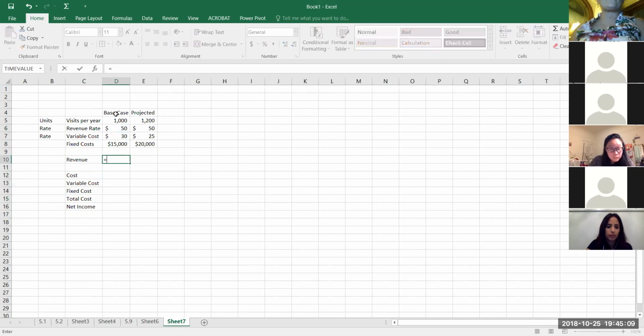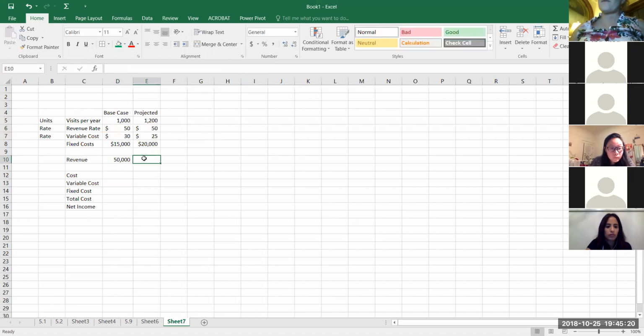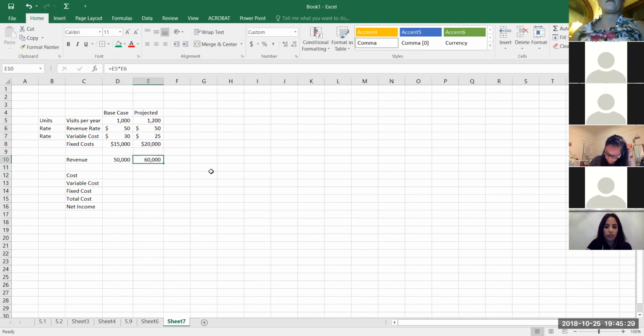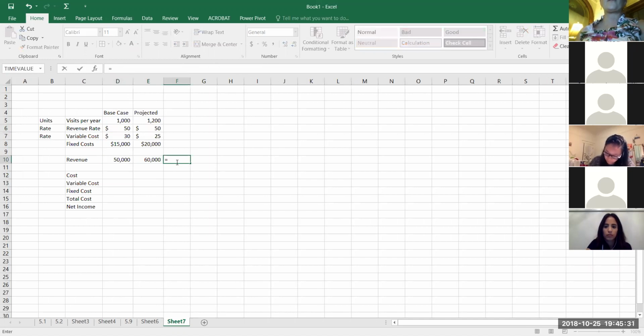So our revenue is going to be 1,000 units times $50. That's the revenue for the original case. The projected will be 1,200 units times $50. That revenue is going to be 60,000. And I'm going to do a variance down here so we can see the change.